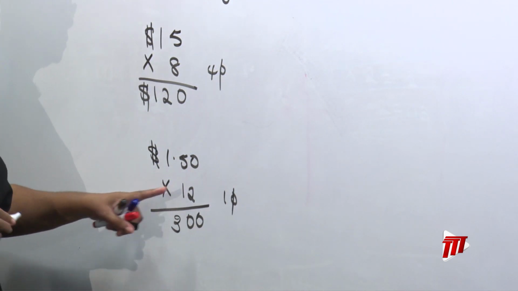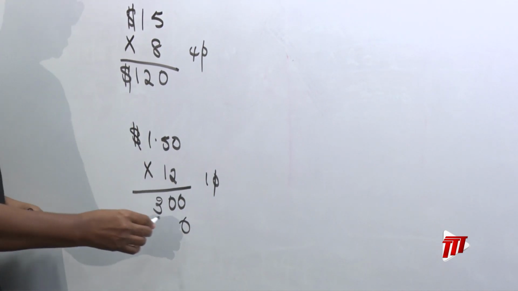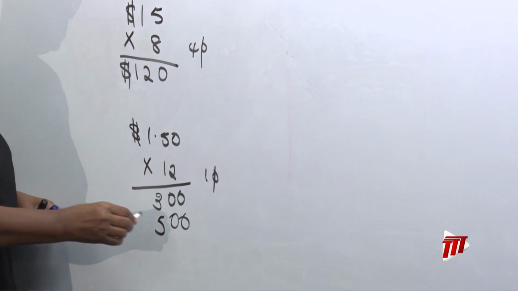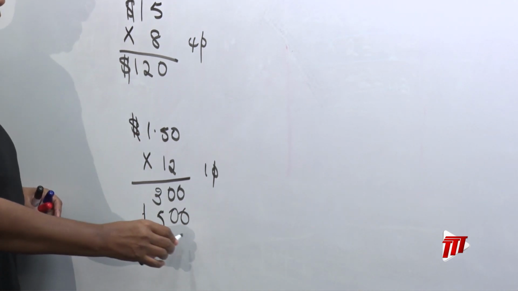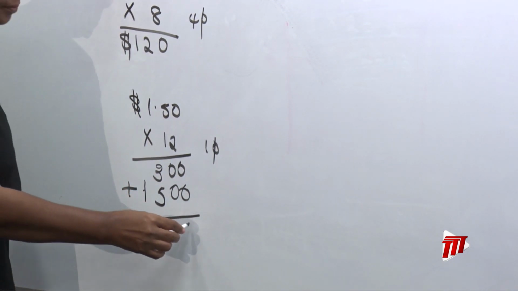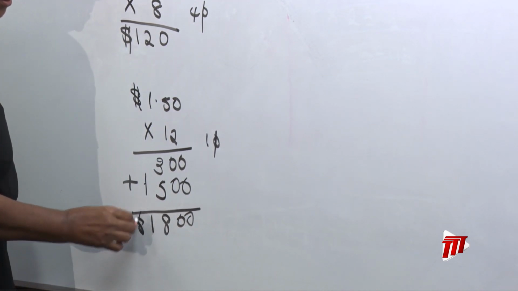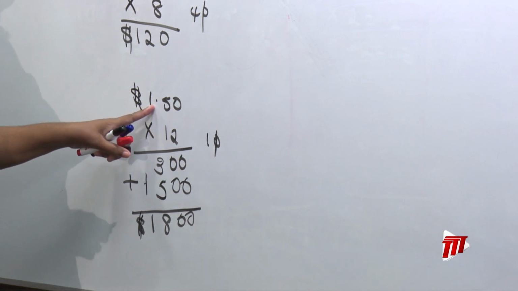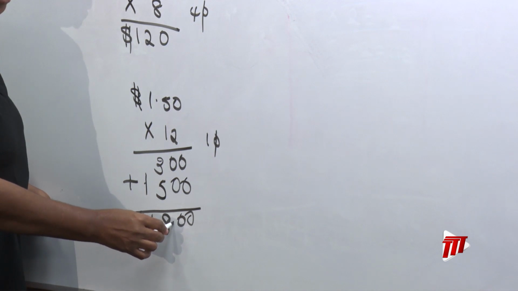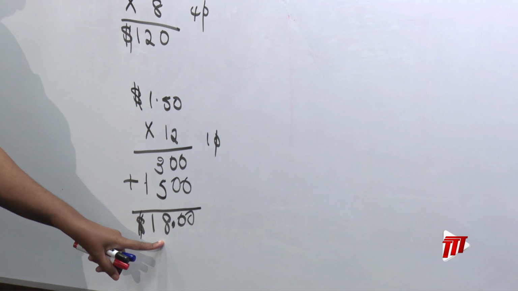Multiplying by our 10, we put our 0 for ones. 1 0 is 0. 1 5 is 5. 1 1 is 1. We're going to add our partial products, which is $18. And since it's a decimal, we're going to have to put in our decimal point 2 places. So the cost of the pencils was $18.